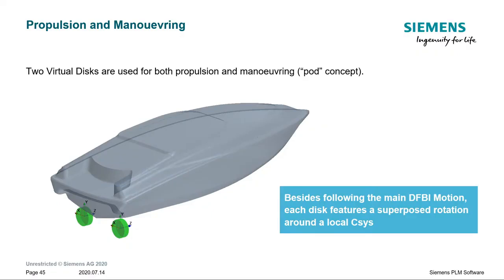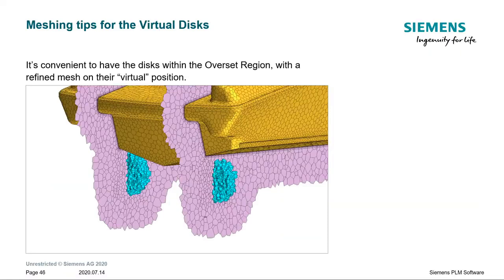The disks are defined with respect to a local coordinate system, as shown in the picture, and they can slightly rotate around their vertical axis. And thanks to superposed rotation, this of course will create a side force.